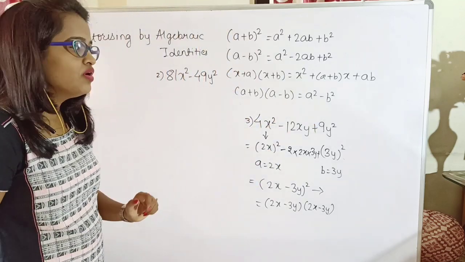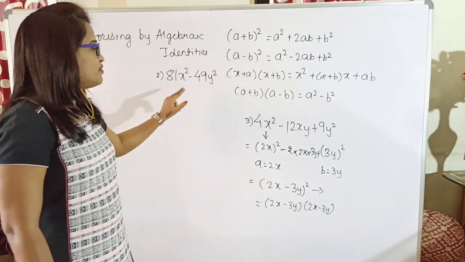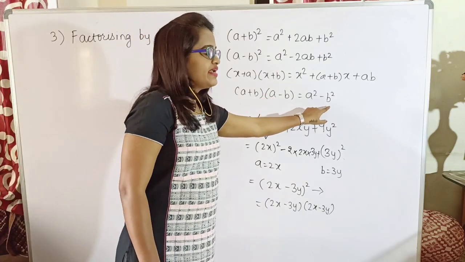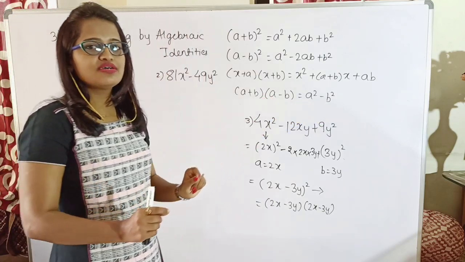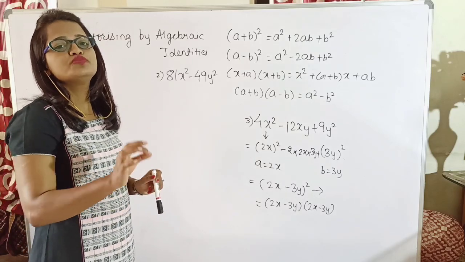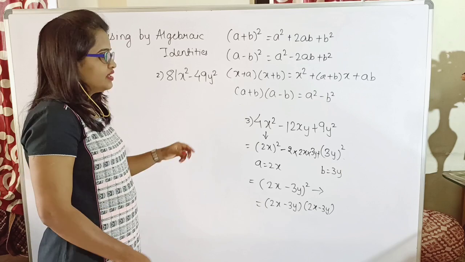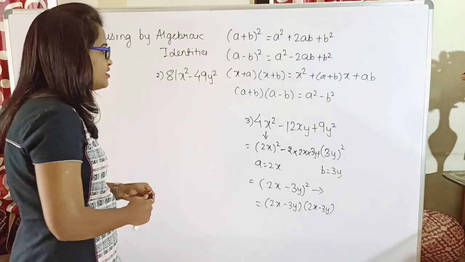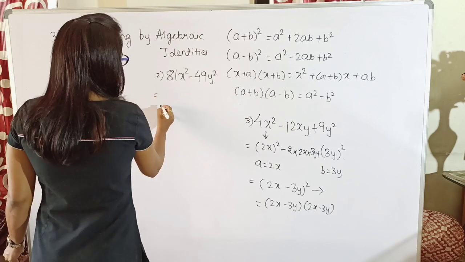Now how should I know whether it is applicable to this identity? See, it is a square minus b square. It means in your algebraic expression there should be two terms and both the terms have to be squares, with a minus sign between them. What is 81x square the square of?